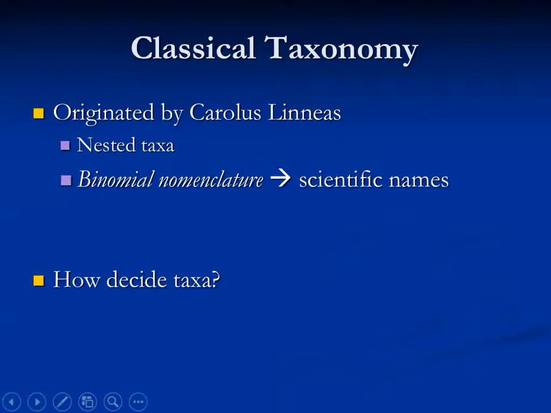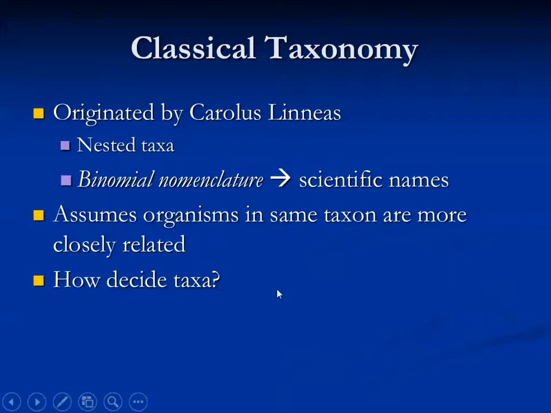So on your test, you should be able to know how to write the scientific name of an organism correctly. The genus name, it's always the genus species name. The genus name is always capitalized and the species name is always lowercase. And the whole name either has to be in italics or underlined.